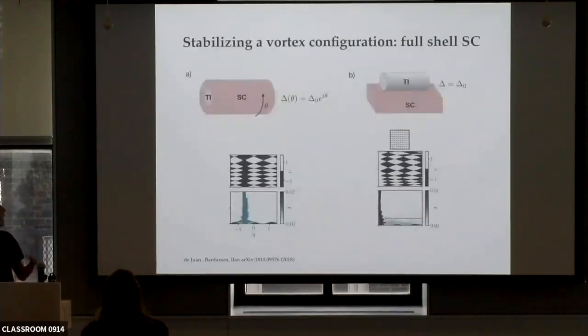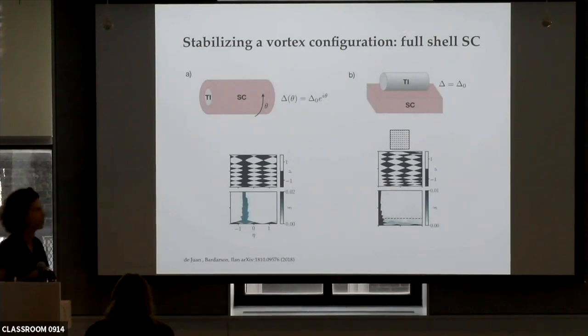So now comes the practical question. How do you actually stabilize a vortex configuration? So what we propose, and this is consistent with results from experiments that I will talk about in a minute, is that you want to encase your TI nanowire in a full shell of superconductivity.